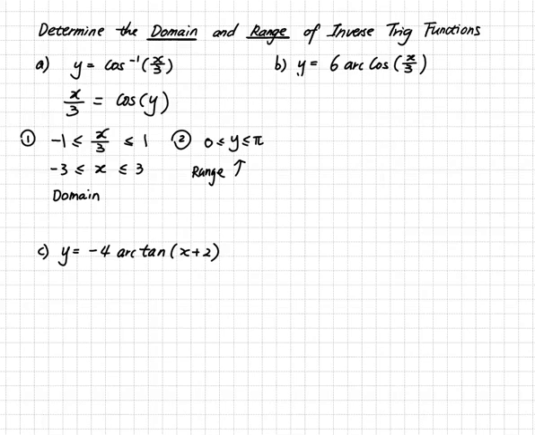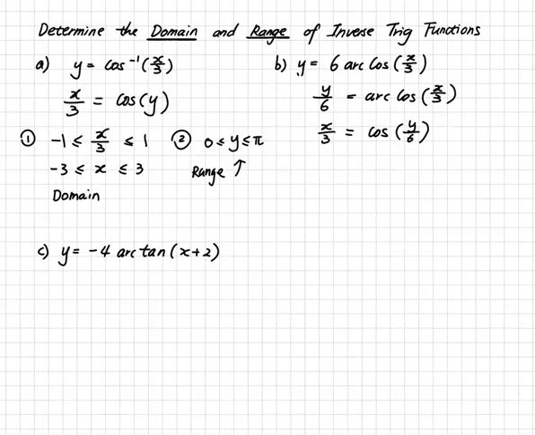Question B, y is 6 times arc cos x on 3. So we can rearrange it, so that will give us y on 6 equals arc cos of x on 3. That means x on 3 is the same as cos of y on 6.